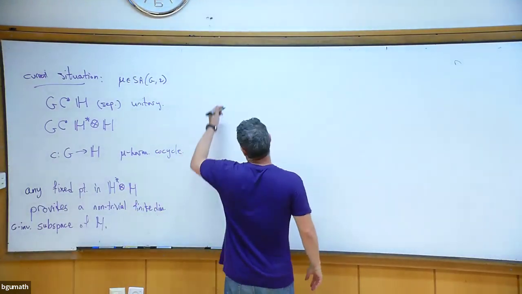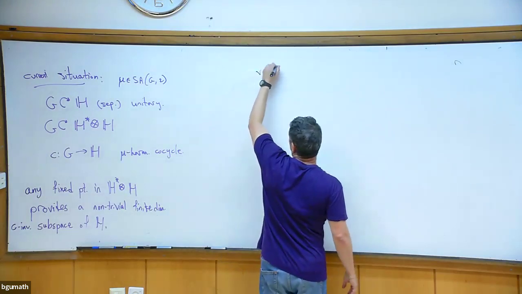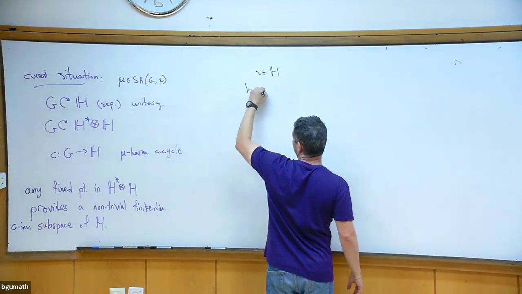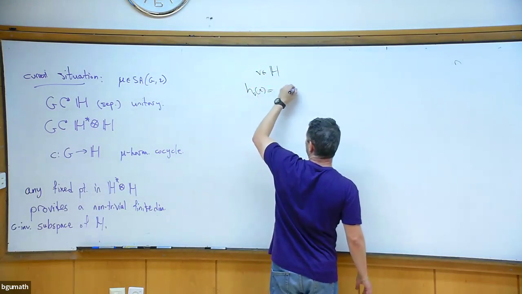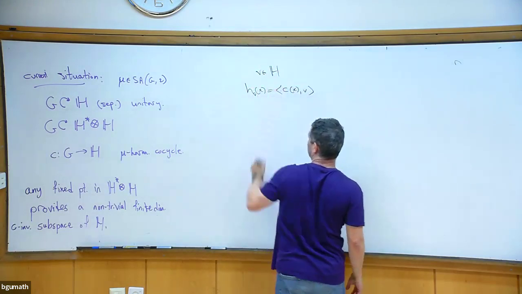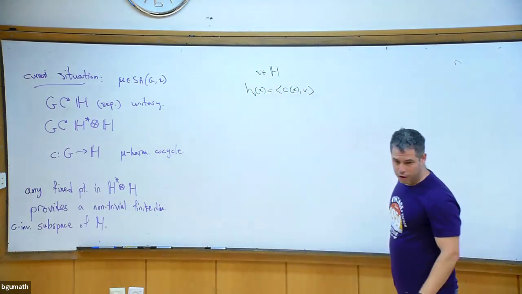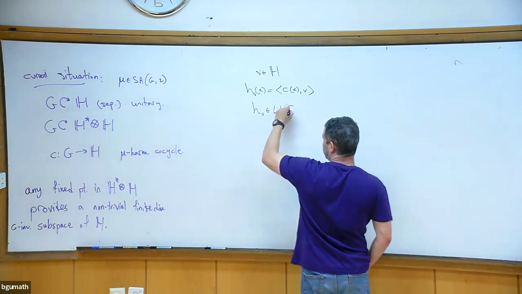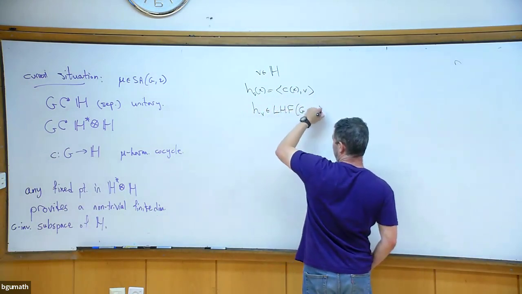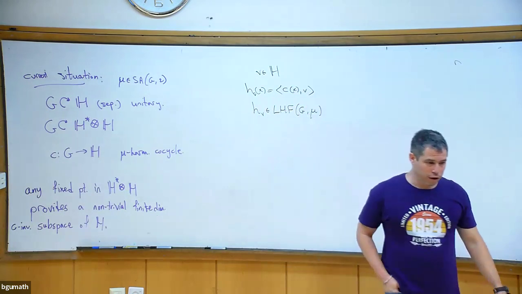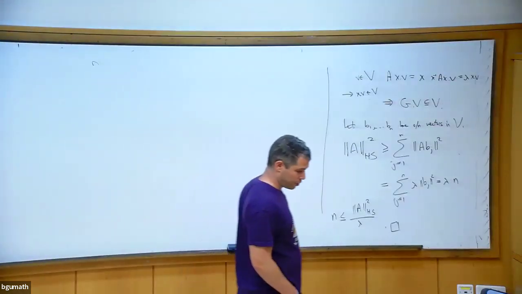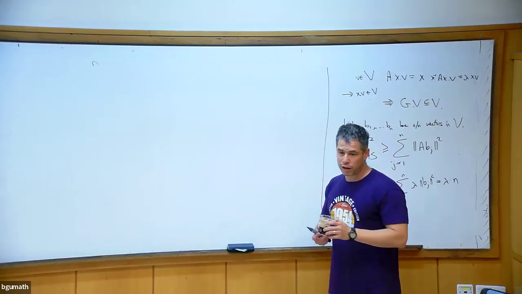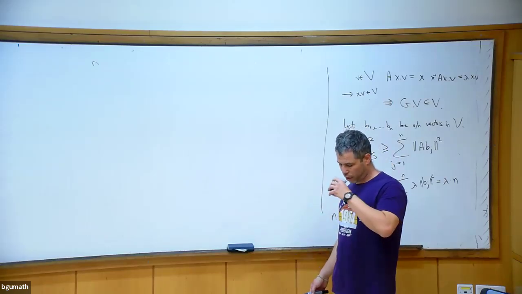So if I fix some v in my Hilbert space, I can always look at the function h_v of x, which is the inner product of c of x with v. This we saw, this is going to be a Lipschitz harmonic function. This is always a Lipschitz harmonic function. And in fact, that's how we prove that there is always at least one non-constant Lipschitz harmonic function.